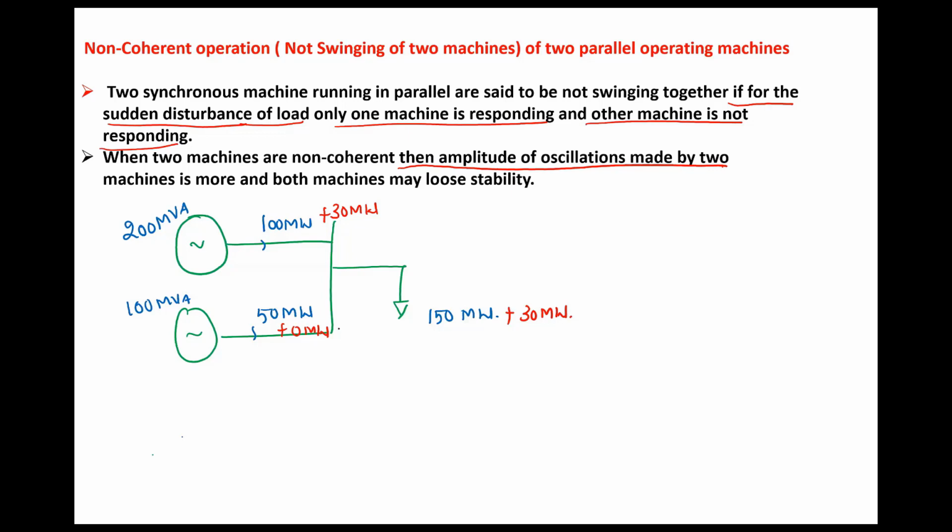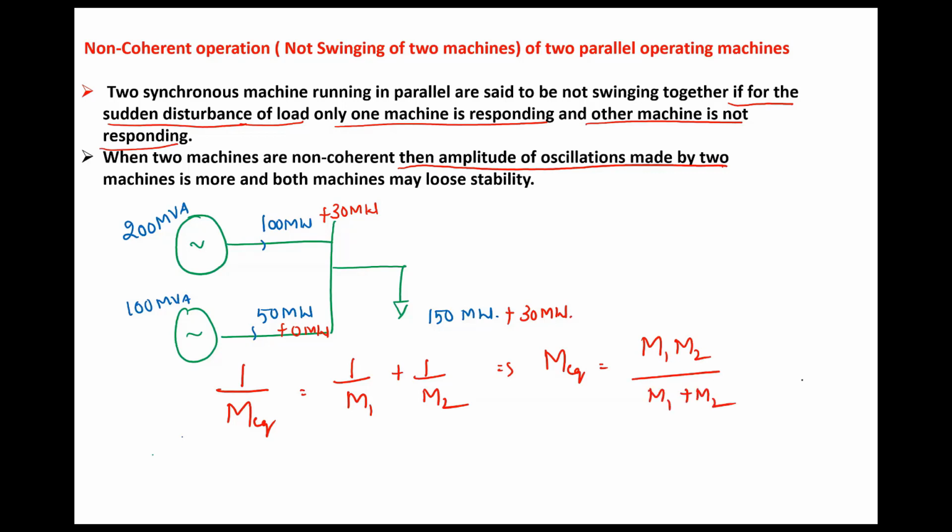So let us not go into the derivation part. We can directly write the equivalent angular momentum: 1 over M equivalent will become 1 over M1 plus 1 over M2, which implies M equivalent will become, in this case, M1 M2 divided by M1 plus M2.